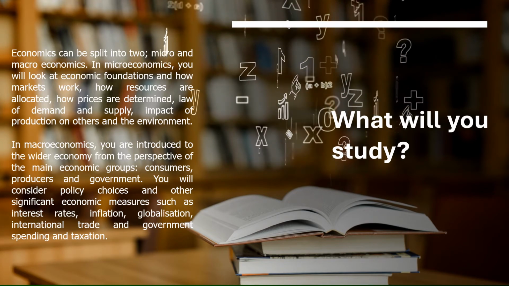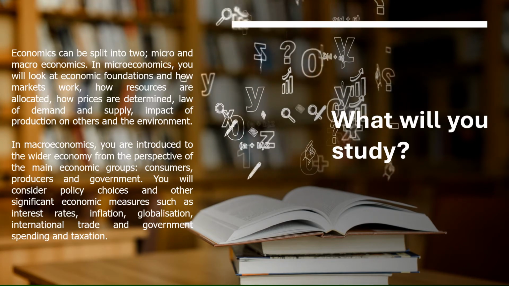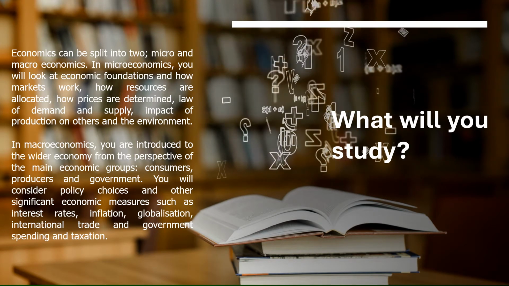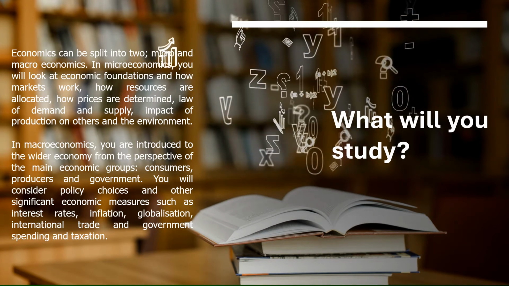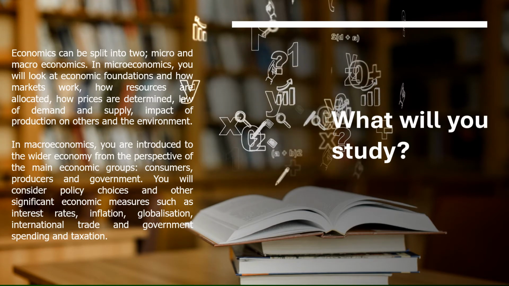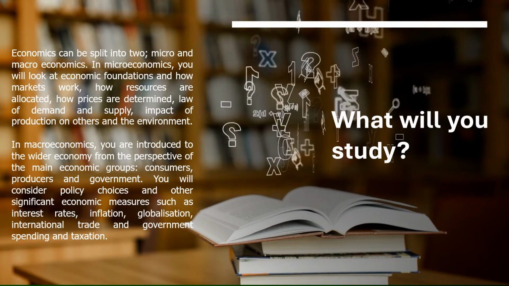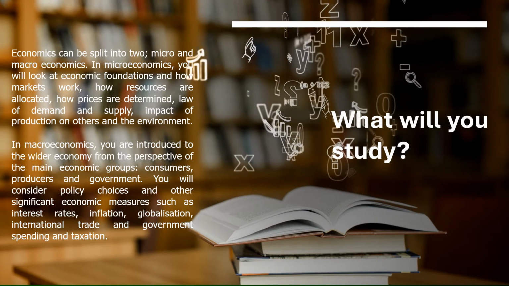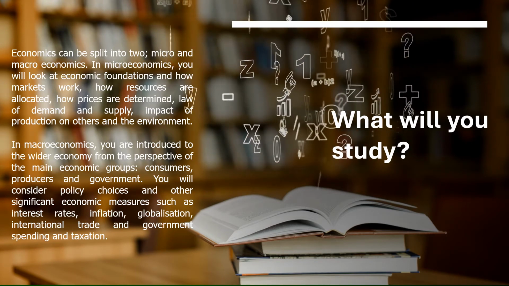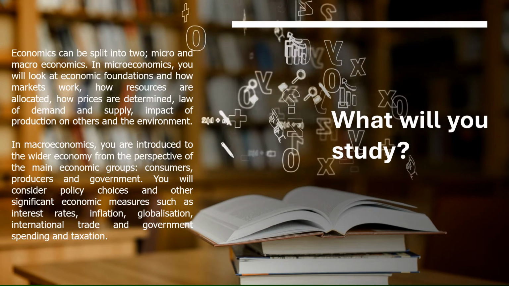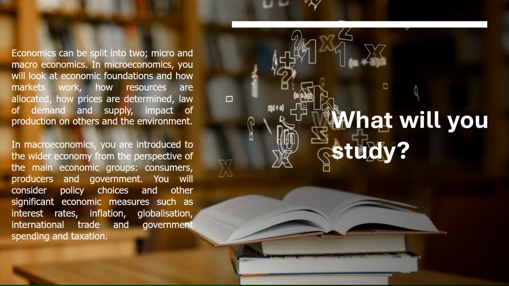It is split up into two key sections. One side is called microeconomics and the other side is macroeconomics. So in the micro side, we will be looking at key economic foundations and how markets work, how resources are allocated, how prices are determined, how demand and supply interact with each other.